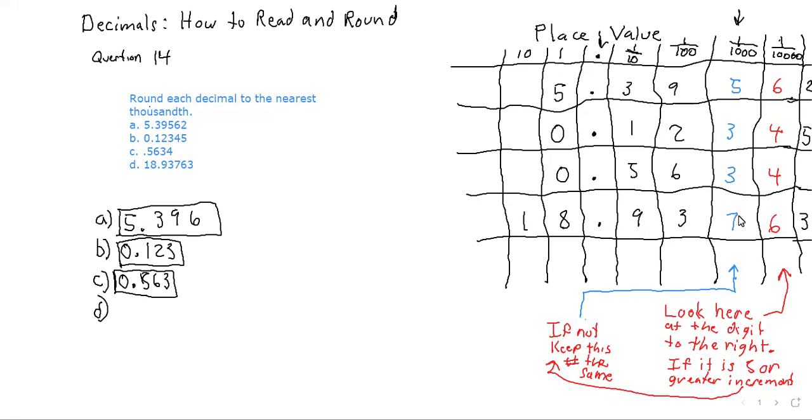If it is, we're going to increment the number in blue. If not, we're going to keep the number in blue. So 6 is 5 or greater, so we're going to increment that number in blue, and we can write out the number as 18.938. And there you go. That's it.